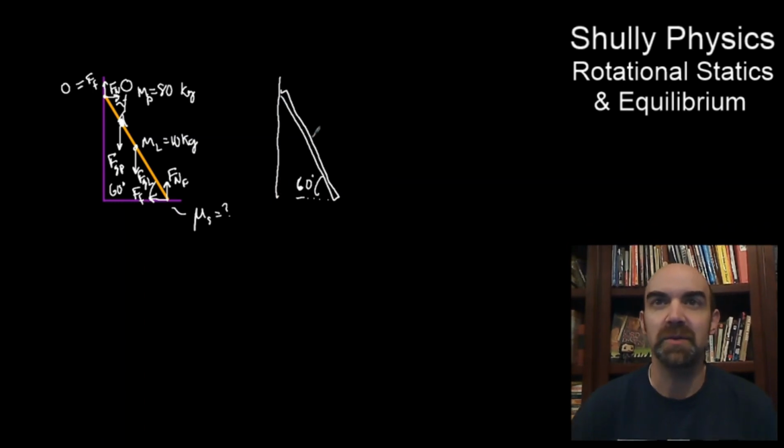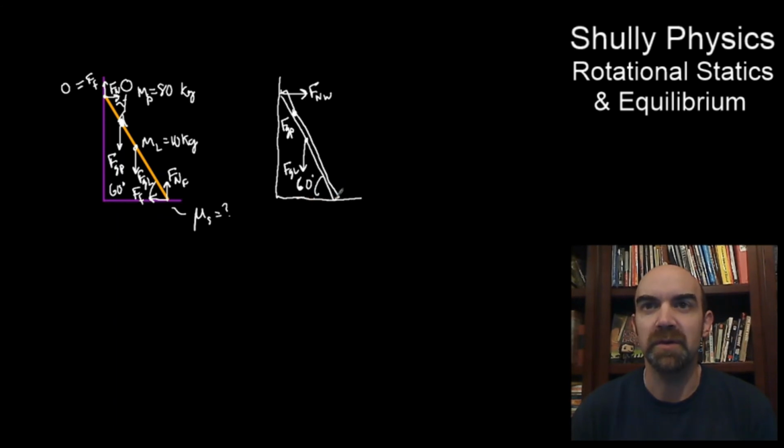Okay, I'm going to redraw these forces just to try to clean things up a little bit. Got the weight of the ladder, got the weight of the person. Normal force up here, I'm going to say normal force from the wall. And of course there's going to be a normal force from the ground, that perpendicular contact force. And like I said before, the ladder will have a tendency to slide outward.